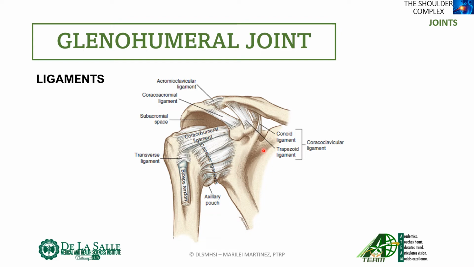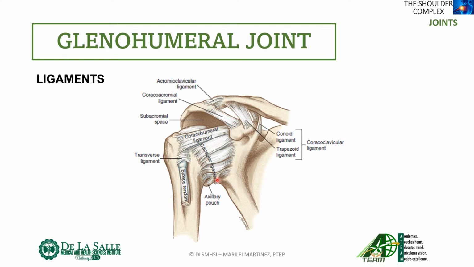If the axillary pouch is taut at 90 degrees abduction and receives inferior, anterior, and posterior translation of the humeral head, your anterior band, which is located here, and the posterior band, which is located posteriorly, are taut at extreme ranges of external and internal rotation at 90 degrees shoulder abduction.